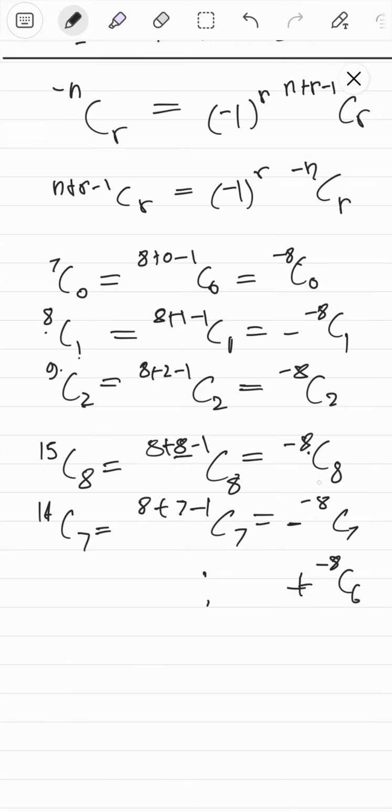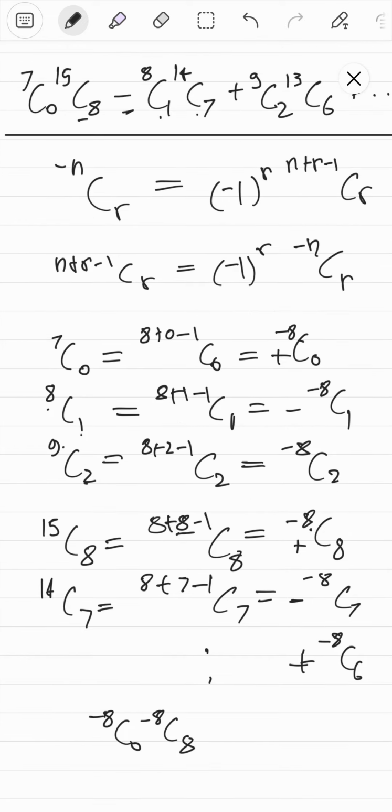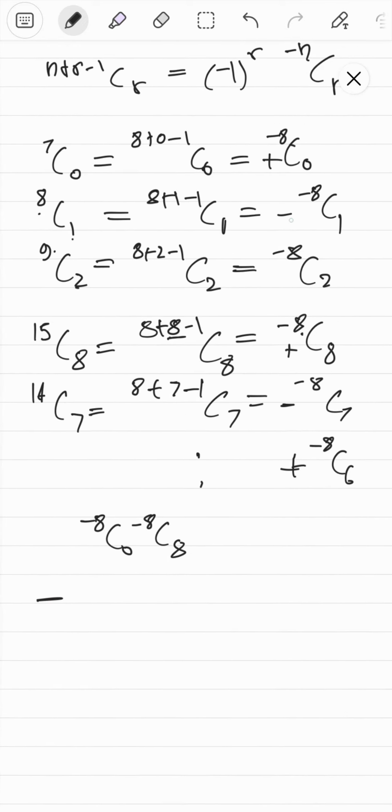Now multiply these together. Positive times positive is positive, so it's going to be negative 8C0 times negative 8C8. Next, you have a negative over here and a negative over here, but now these two negatives multiply to become positive. So you get negative 8C1 and negative 8C7.